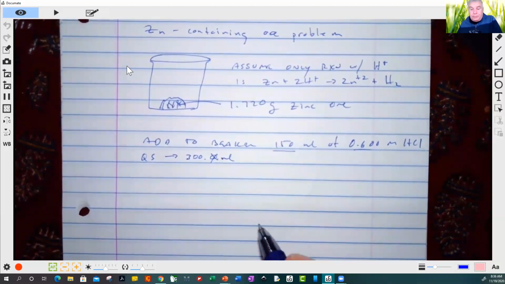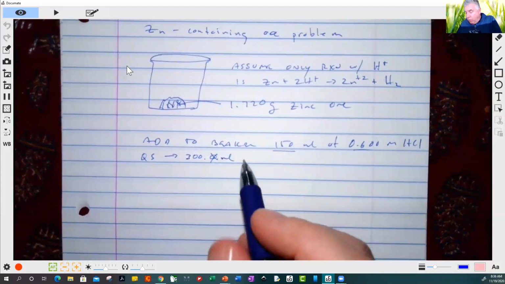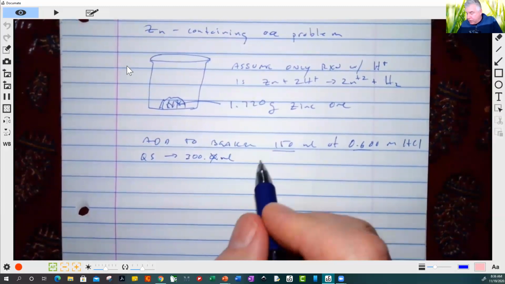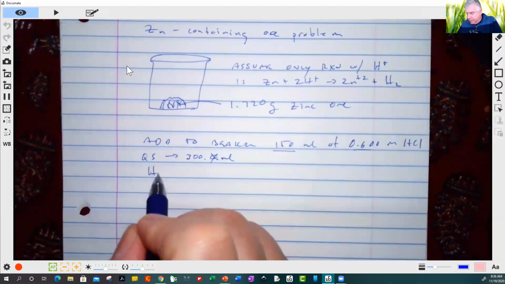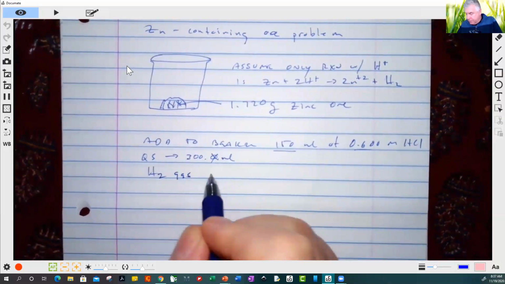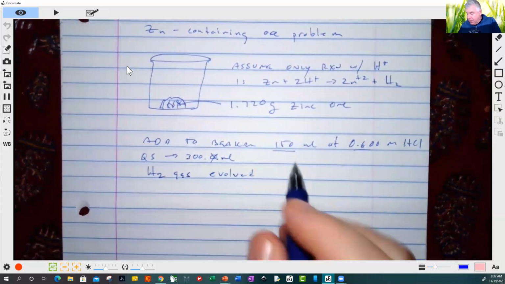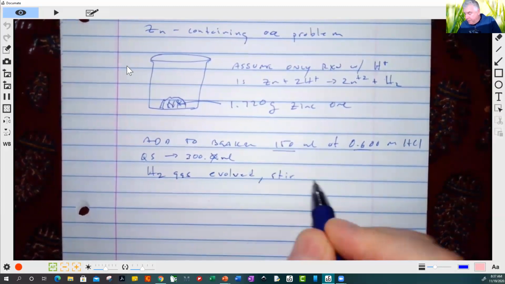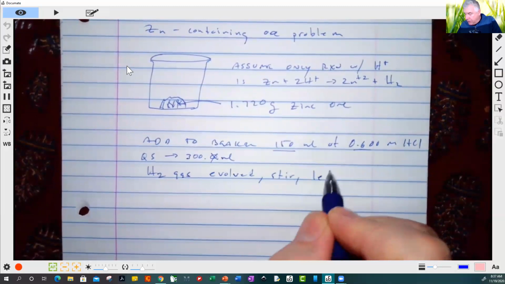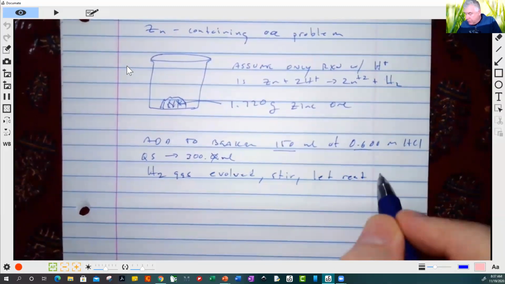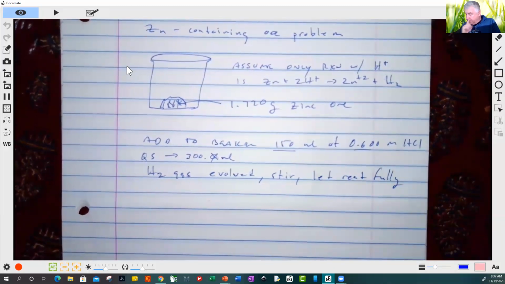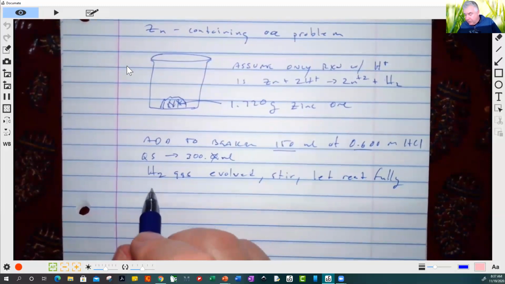And what happens when we did this is we got some H2, right? And we stir it for a good while. We let it react fully, and then we have excess HCl.